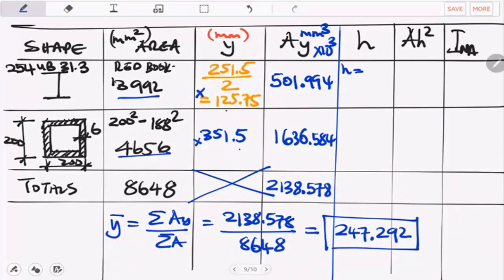What's the answer? I get 121.542. Right, so remember, this is in millimeters. Let's do the same thing: 351.5 minus 247.292.